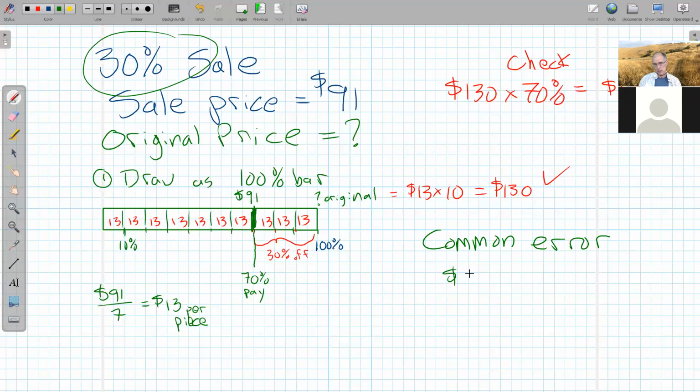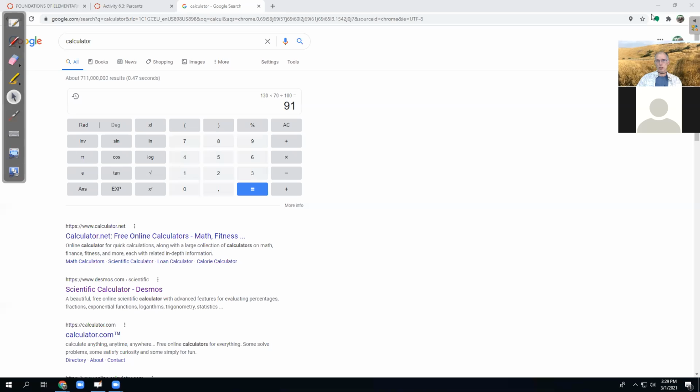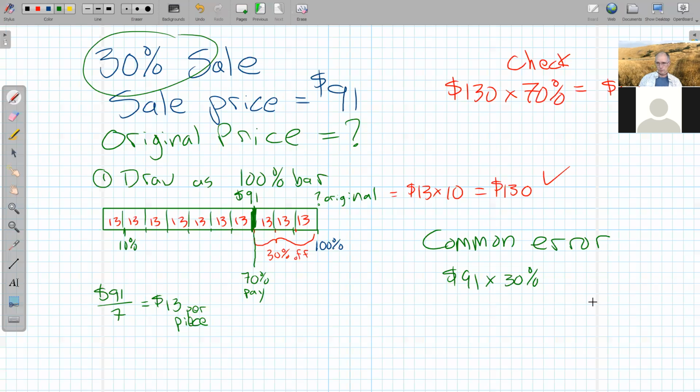So they would say, okay, let's take $91 times 30%. Try this and see where this goes wrong. So 91 times 30% gives me 27.30. And they assume that this is the amount off.